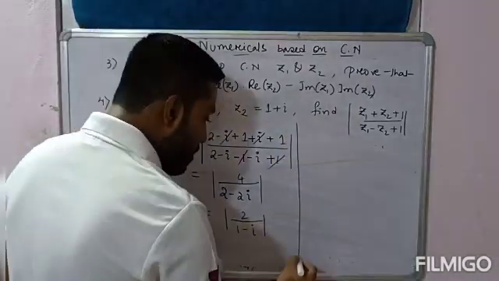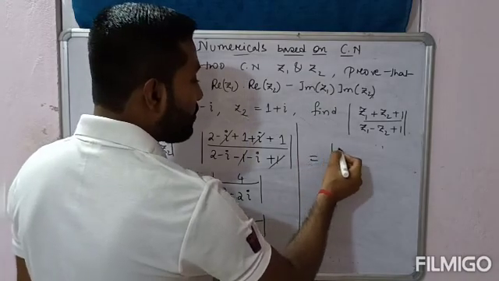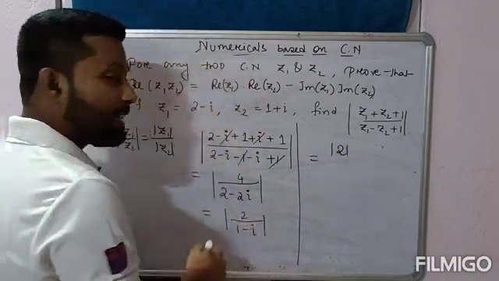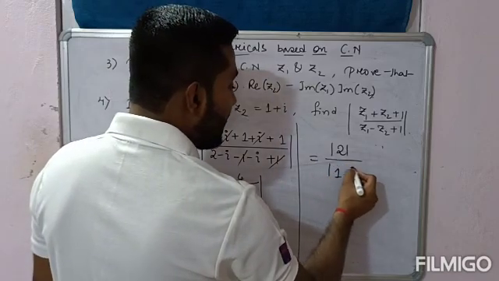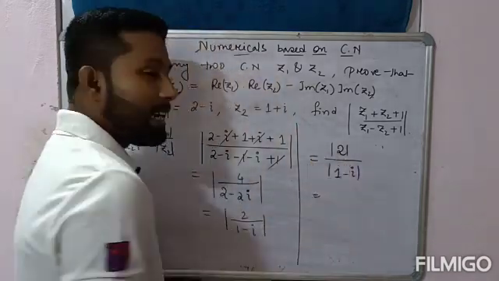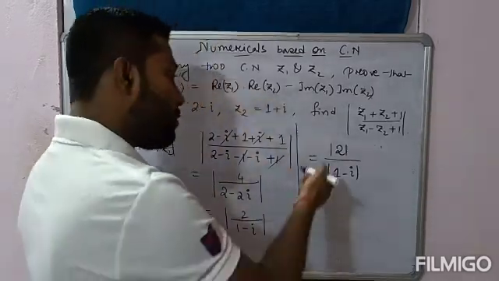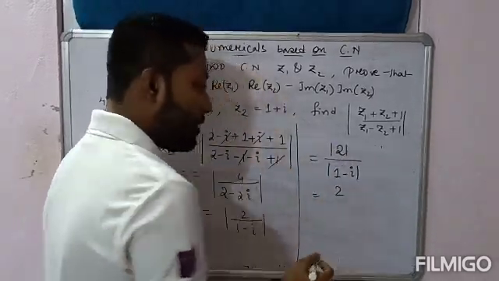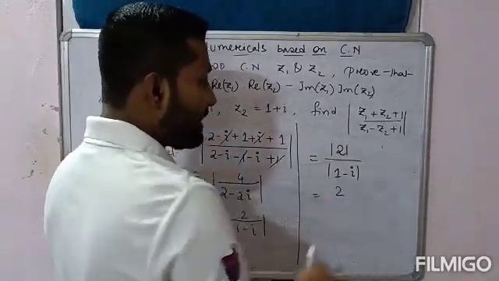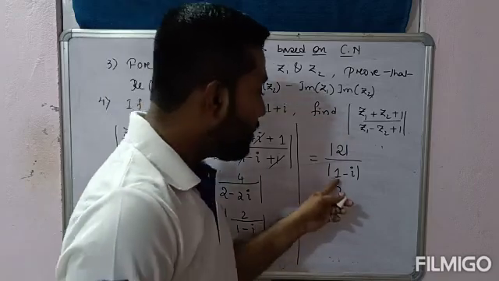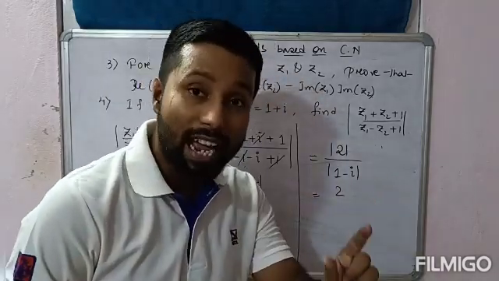Yes, so this is equal to, we can write, modulus of 2 because in the numerator only 2 is there, divided by modulus of 1 minus i. Since in the numerator there is no imaginary term, modulus of 2 is 2 only. Modulus of 2 का value 2 ही होता है. But look at the denominator, 1 minus i, means the denominator is in the form of a plus ib.